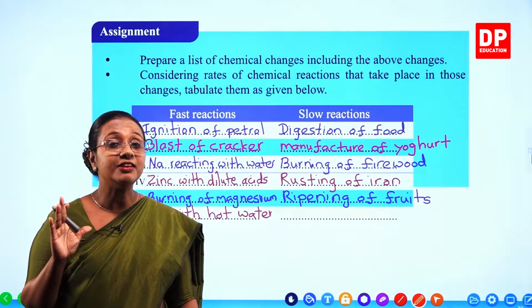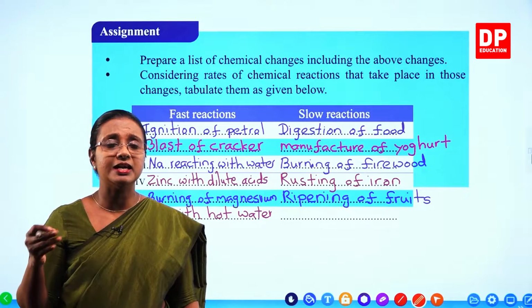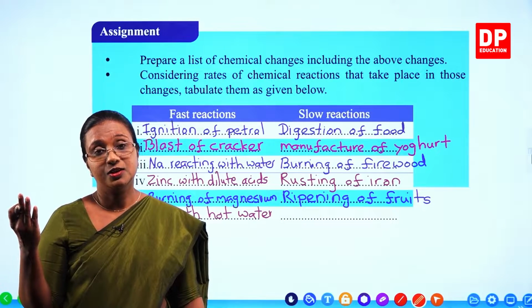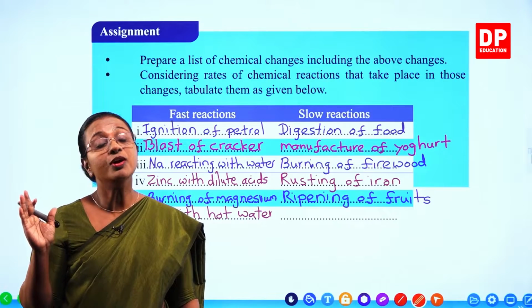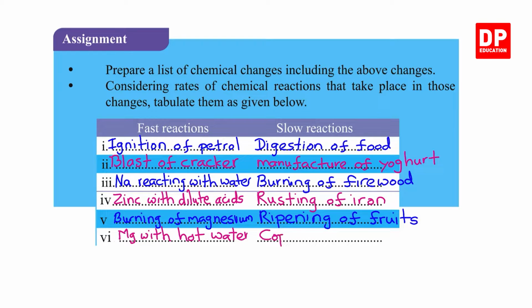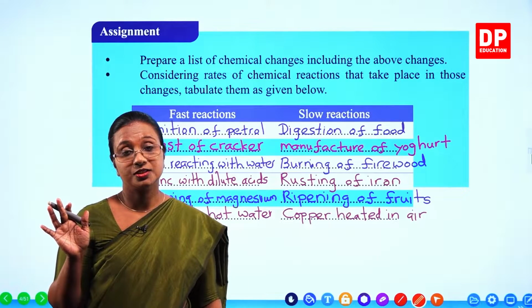When I did the activity in the lab, you were able to observe that it took a very long time before even a bubble of gas was liberated. So that's also a very slow reaction. So here we can say copper heated in air. That is a very slow reaction.